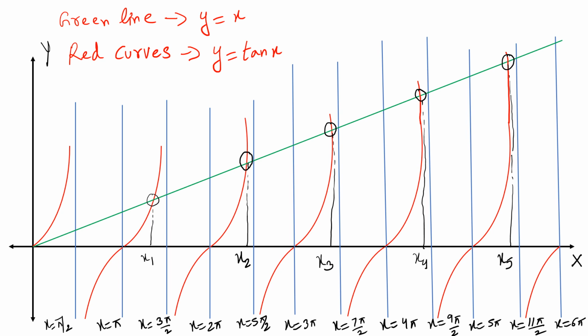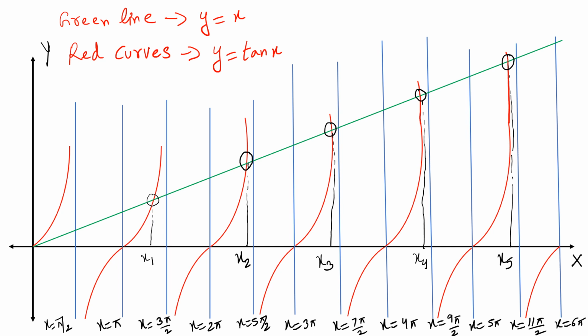Now students, in this graph, you can clearly see all the red curves are representing the graph of y equal to tan x in the closed interval 0, 6 pi, and the green line is representing the straight line y equal to x. Now clearly, the straight line is intersecting the graph of tan x in 6 points in this interval, including x equal to 0.